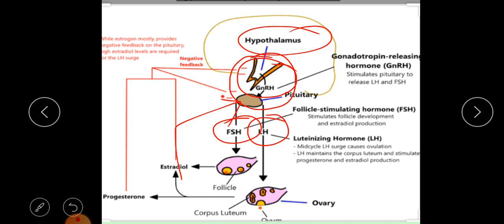The hypothalamus still rules the gonadotrophin hormone in the pituitary and releases more LH and FSH.